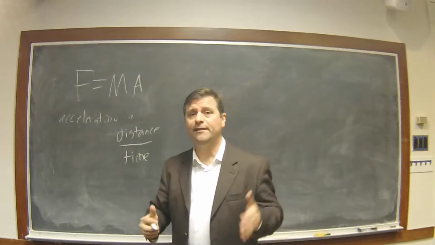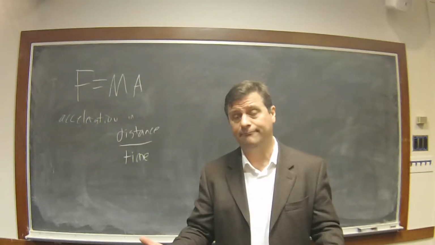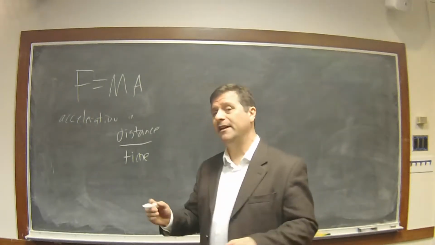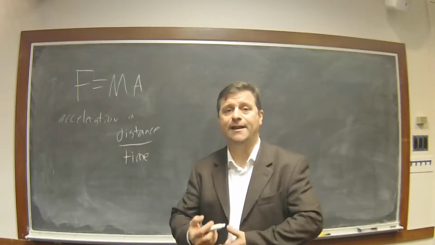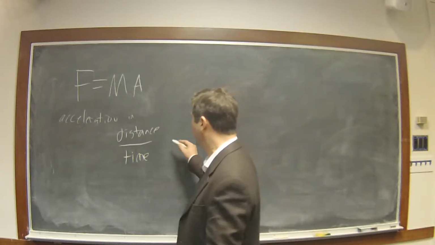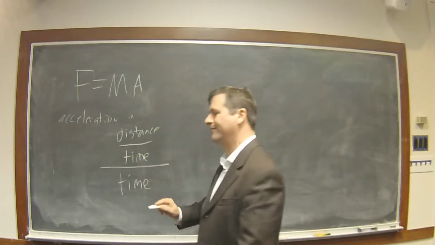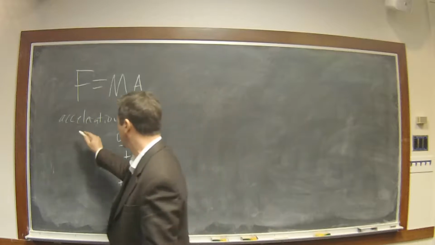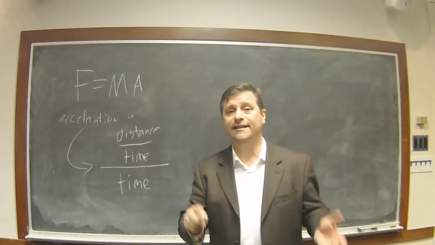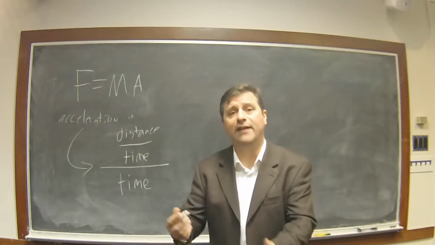A distance divided by a time is a speed. If we then say a distance divided by a time, how that changes with time, we would say a distance divided by a time divided by a time. That's really clumsy, but that's what an acceleration is. It is a distance divided by time divided by time.